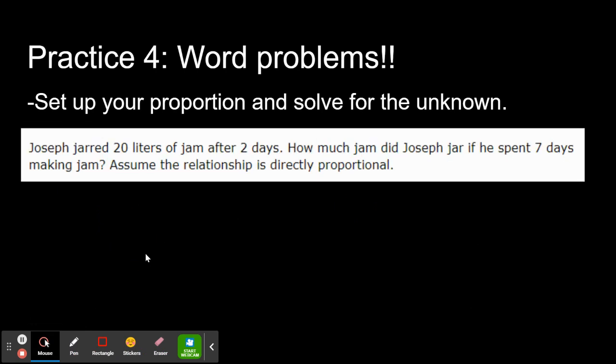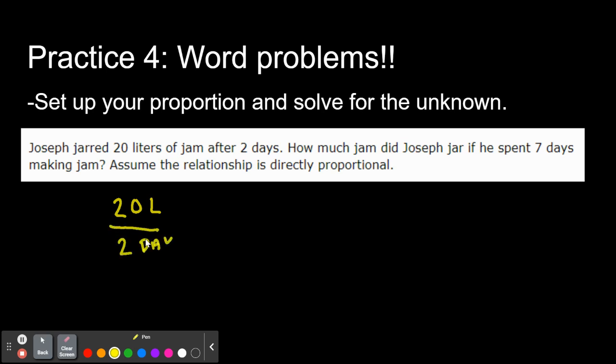Go ahead and try this one. Set up your proportion and solve for the unknown. This one has Joseph jarring 20 liters of jam. Joseph jars jam. Do you jar jam? So Joseph jars 20 liters of jam in 2 days.